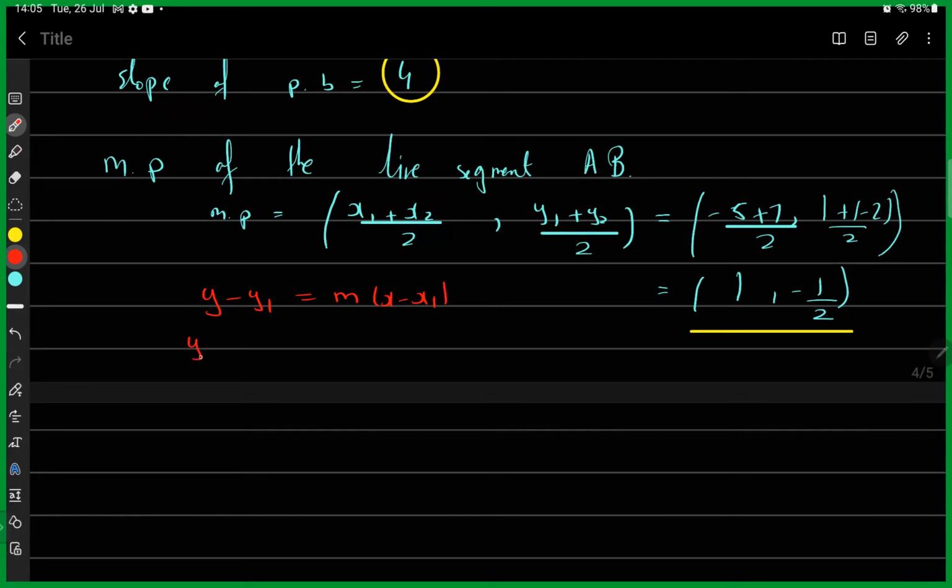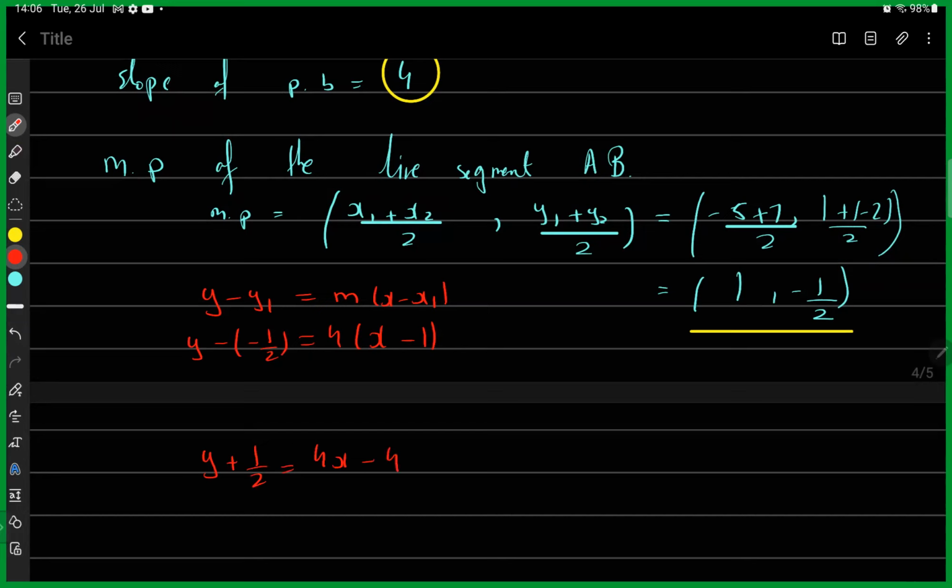It would be y minus minus 1 by 2, plus, the slope turned out to be 4, and then x minus 1. So this would give me y plus 1 by 2 equals 4x minus 4.